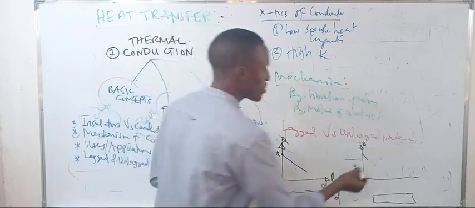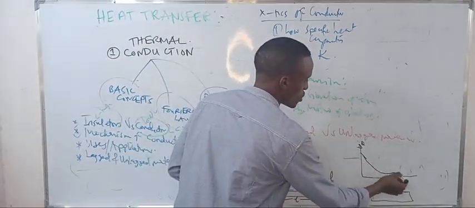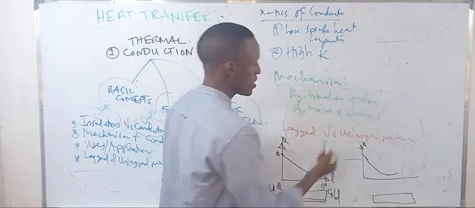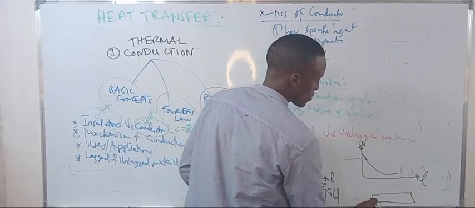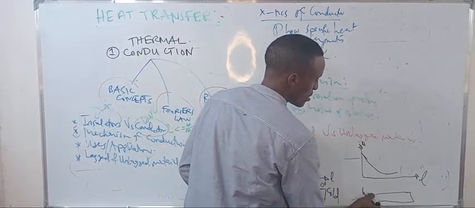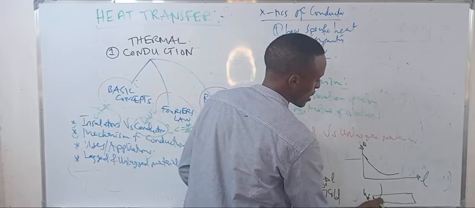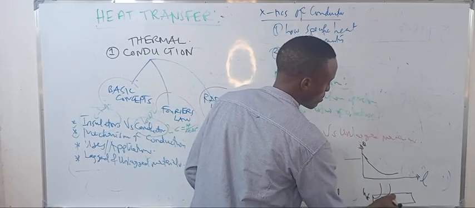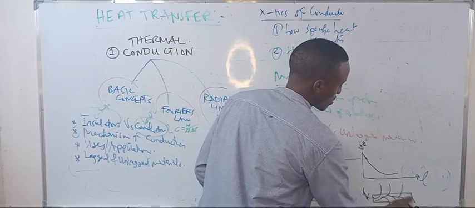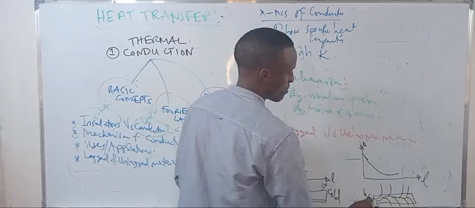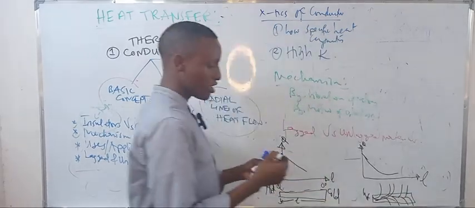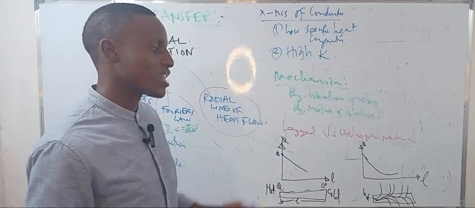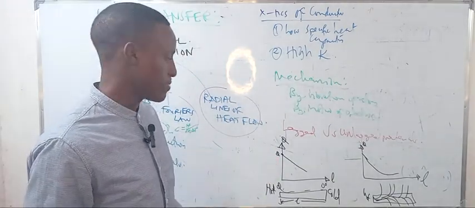Actually it is exponentially decreasing. So this is theta and this is length. Heat moves from the hot junction and is lost towards the environment, so by the time it reaches here, there is very little heat, and the graph is not linear.